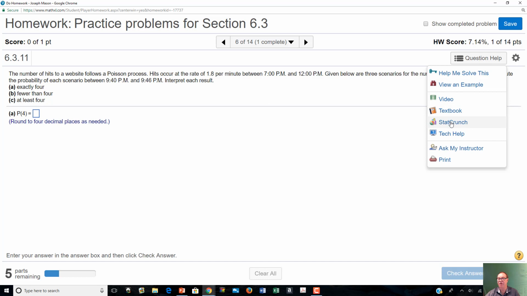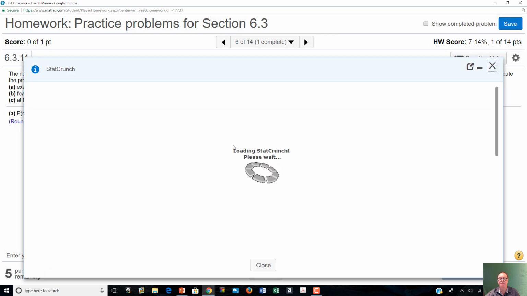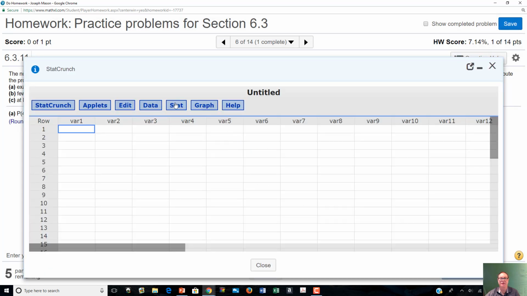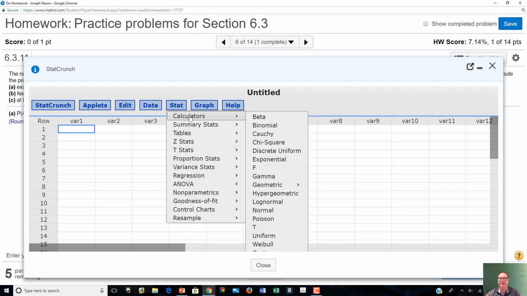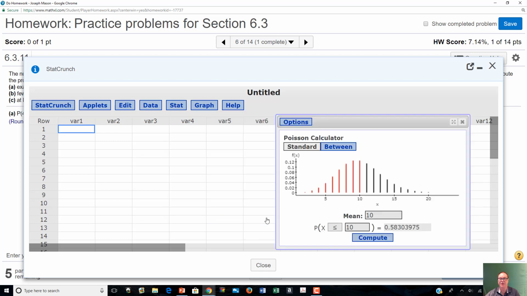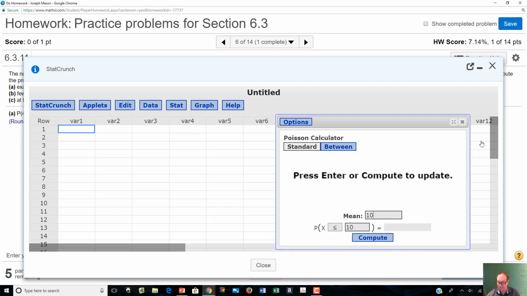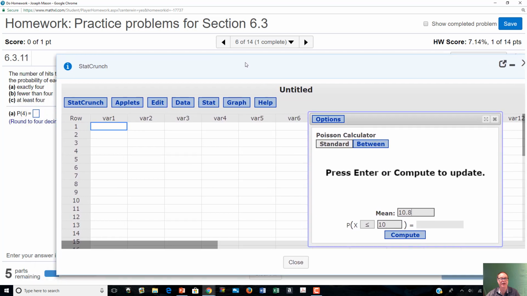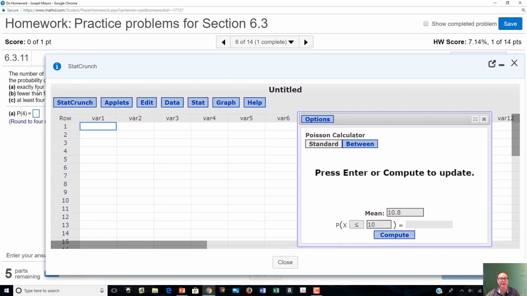So if we go to StatCrunch, click Stat, highlight Calculators, go down to Poisson. Now the mean, I said, was 10.8. And the first question is, we want it equal exactly 4. Exactly 4, now they go ahead and give you the formula. P equals 4.